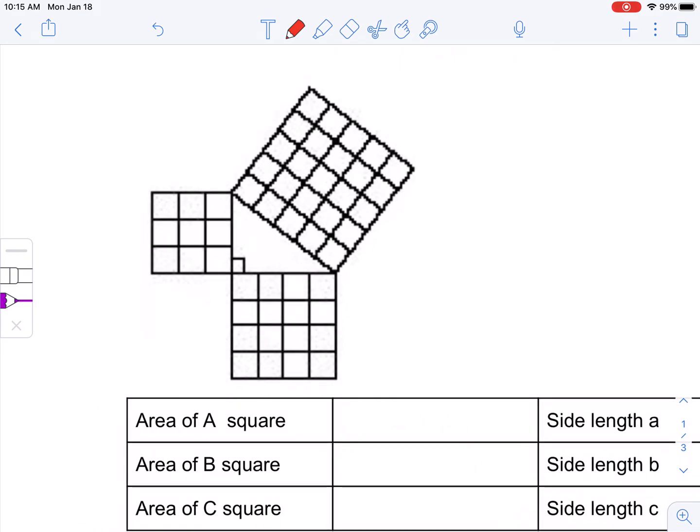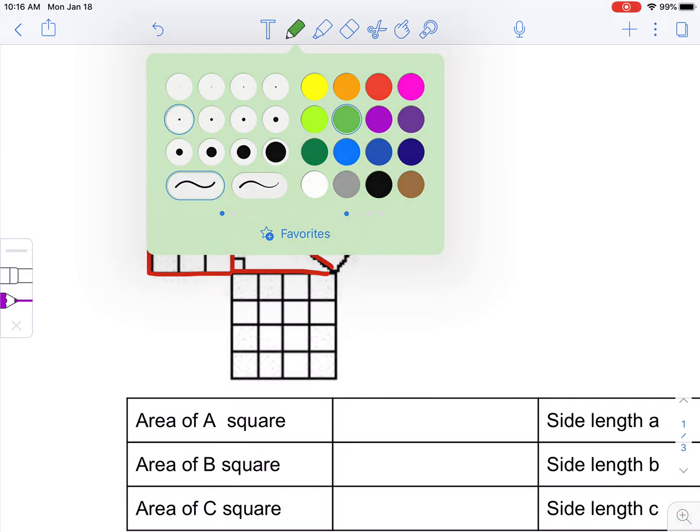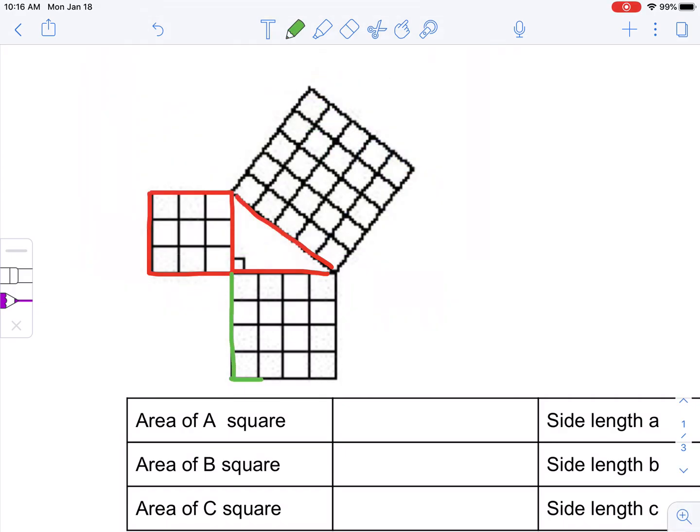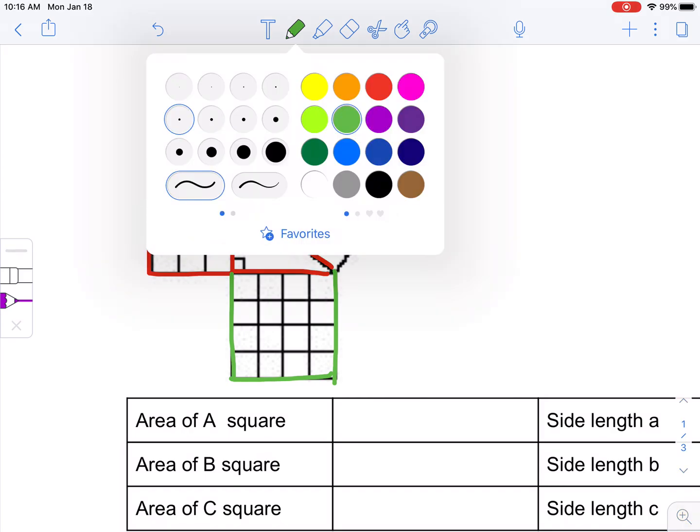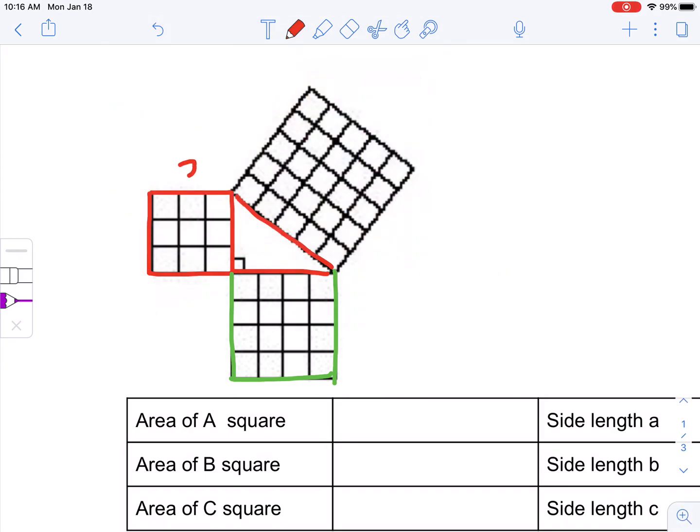What he discovered is if you take a right triangle like this and you draw a square off each side of the right triangle, so I'm going to draw a square off each side. What he noticed is if you take the area of the two smaller squares, this square right here is a 3 by 3 square, so that has an area of 9.